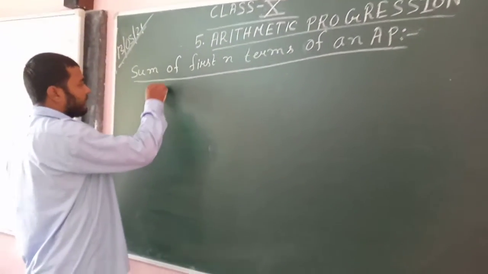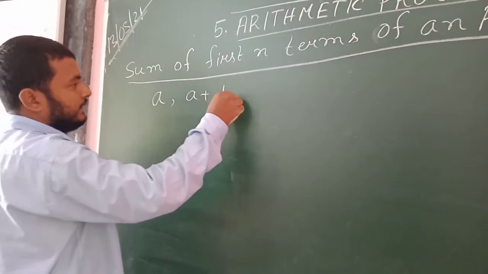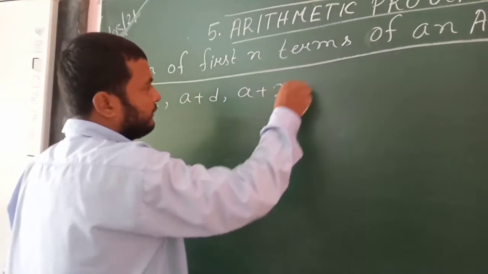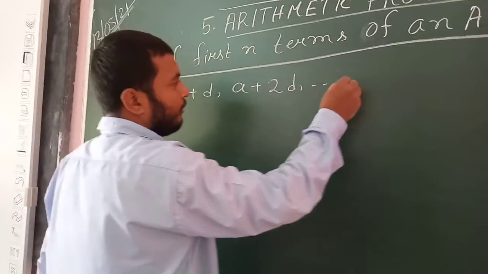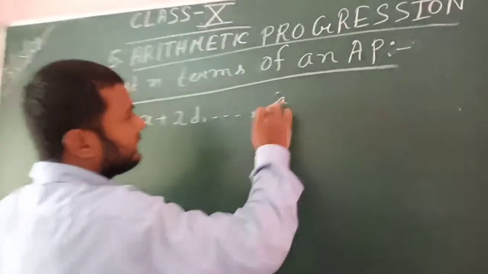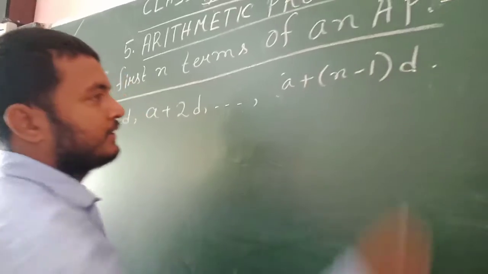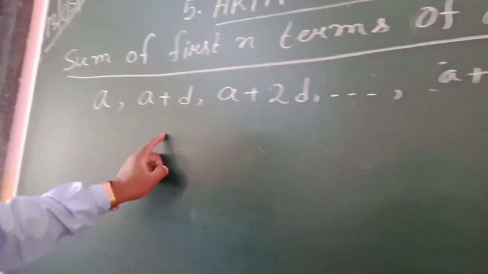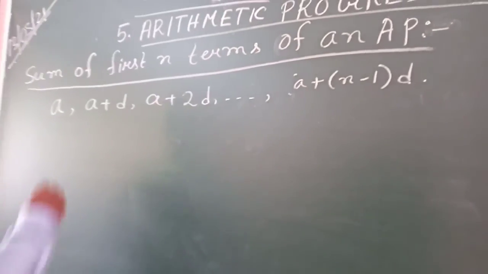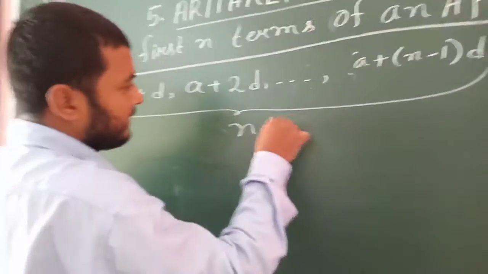Suppose we take an AP: a, a plus d, a plus 2d, and so on up to the nth term, that is a plus n minus 1 d. Suppose these are the n terms of an AP. From here to here the number of terms is n.